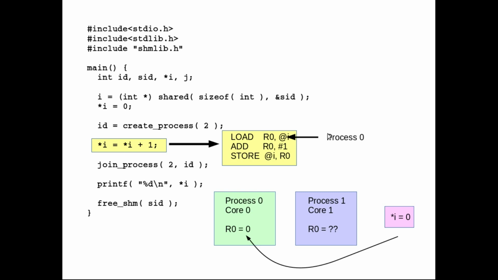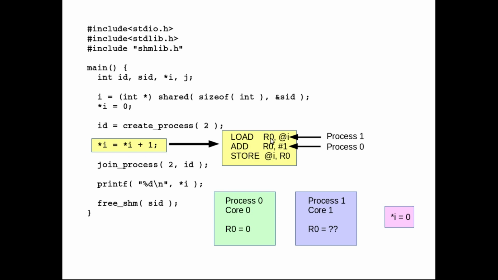And now process 0 will proceed to execute the next add instruction, and let us assume that at this point process 1 also starts executing the first instruction, which is the load instruction. So now process 0 will execute the add instruction, whereas process 1 will execute the load instruction. When process 0 executes the add instruction, the R0 of core 0 will be incremented by 1, so this register will become equal to 1.